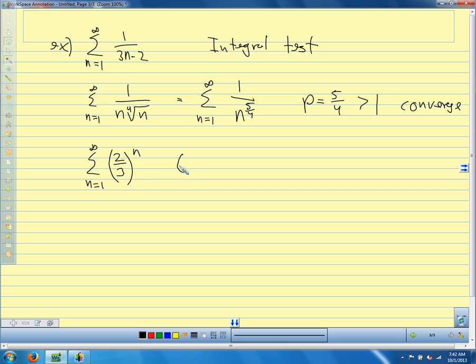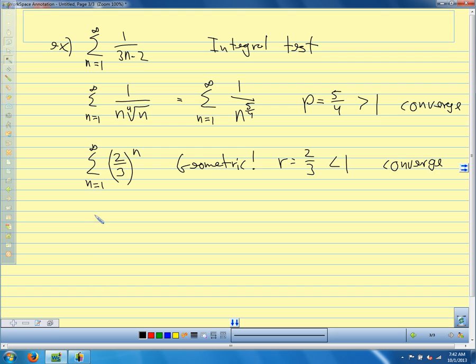Geometric, there we go. R equals 2/3, less than 1, so this is going to converge. And geometric, we know how to find the sum. So we know this converges, we also know what the sum is.